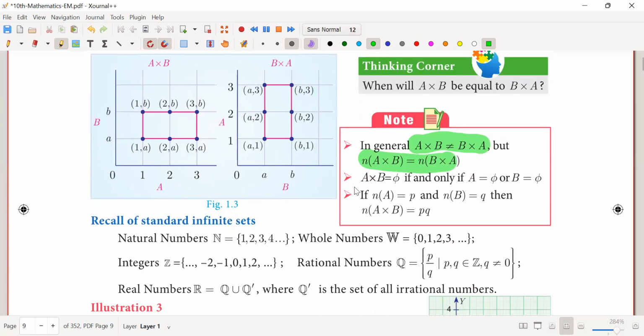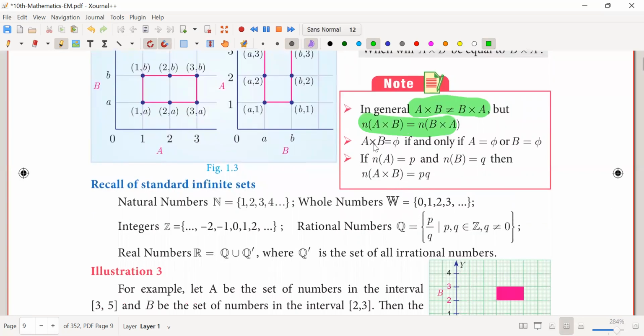Then, A cross B. What is this symbol? Null set. That symbol in the Greek alphabet is known as phi. The small alphabet of phi; the capital alphabet would be Phi. The small one would be this one in Greek. We'll be using a lot of Greek symbols while we are working with mathematics and science.